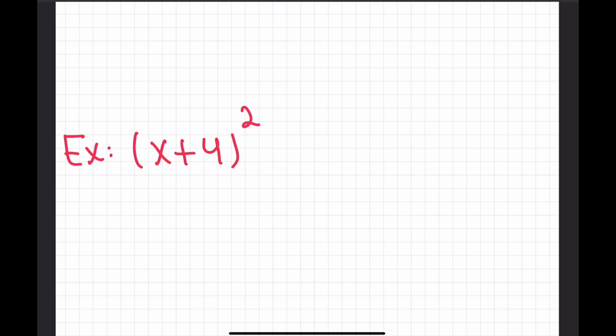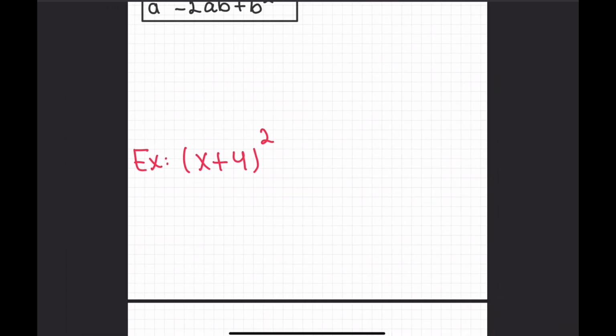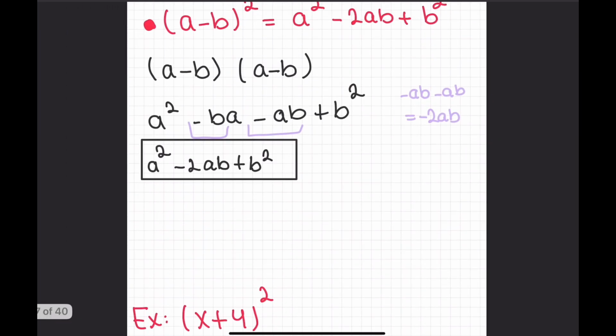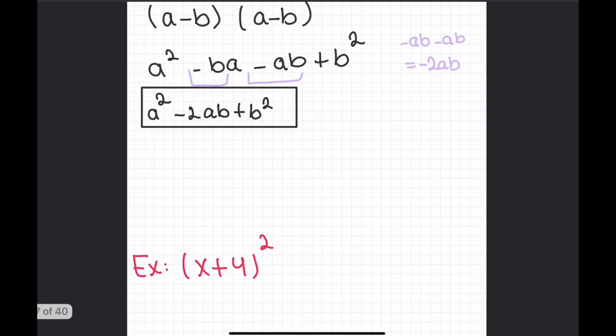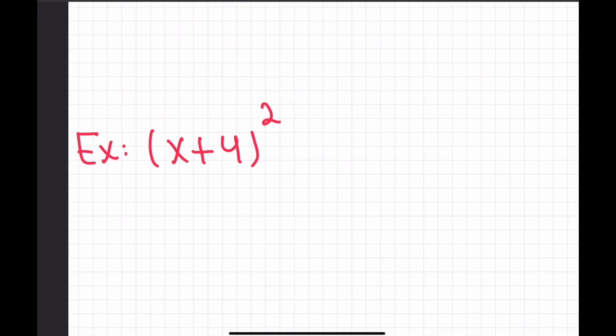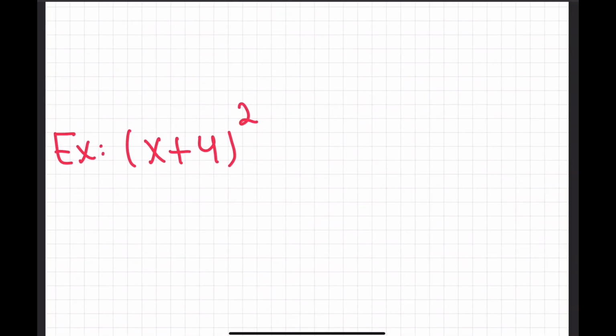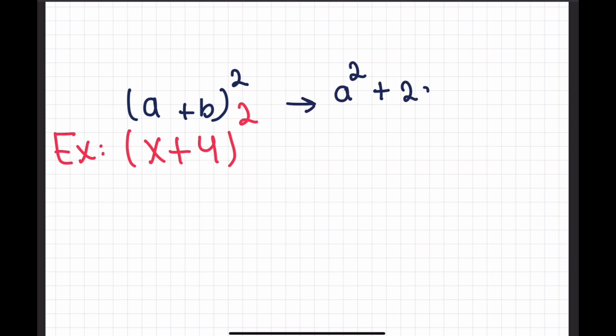x plus 4 squared. If you still don't know the formula, just put variables in place of the numbers. So this is like (a plus b) squared. What was the answer? a squared plus 2ab plus b squared.